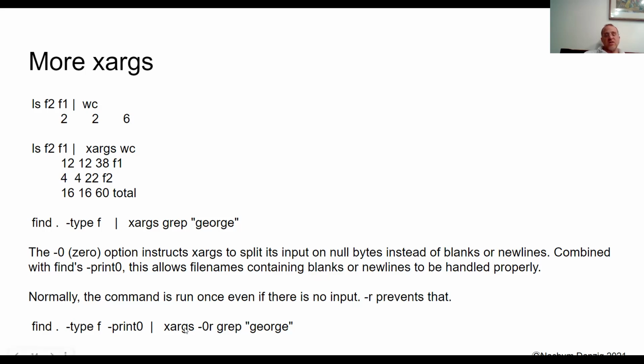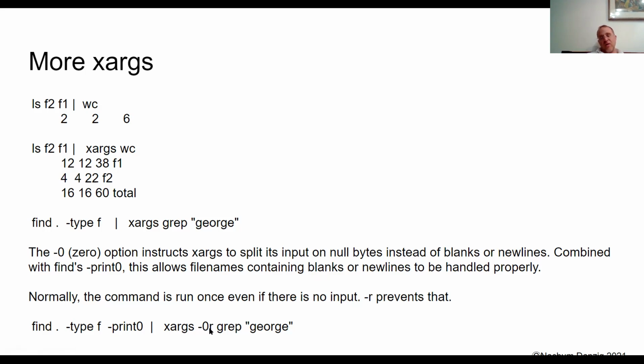And then xargs has a special option, minus 0r, which tells it to treat as the distinguishing field, the field separator, not a space, but a 0.